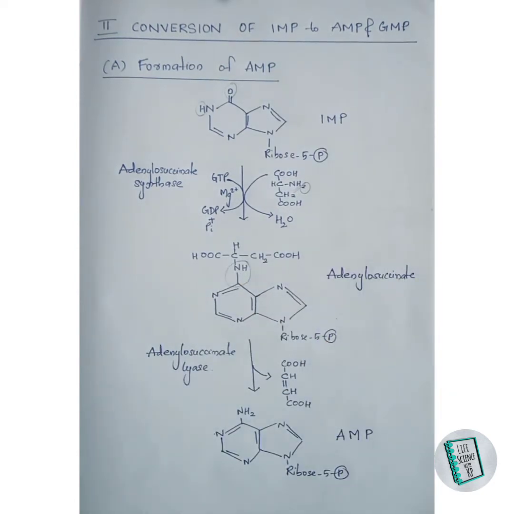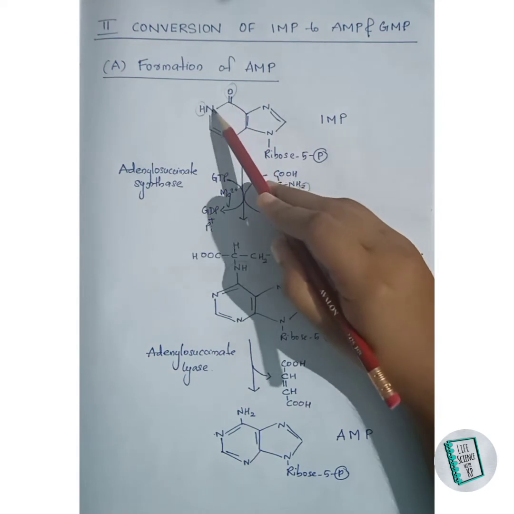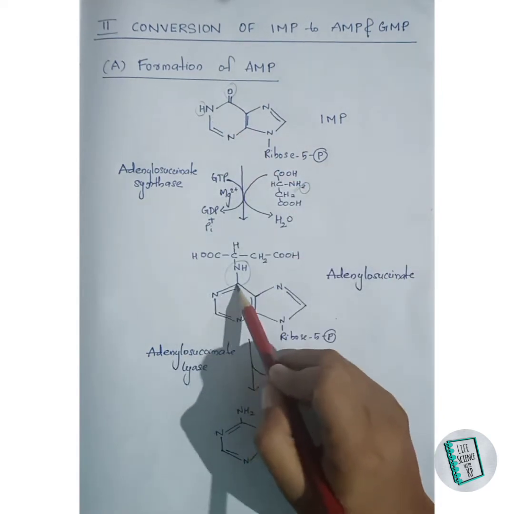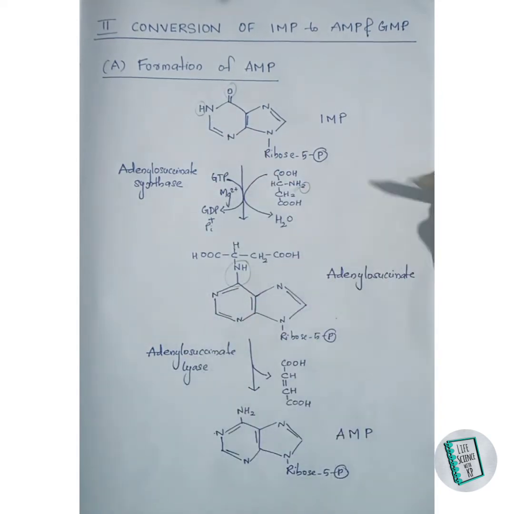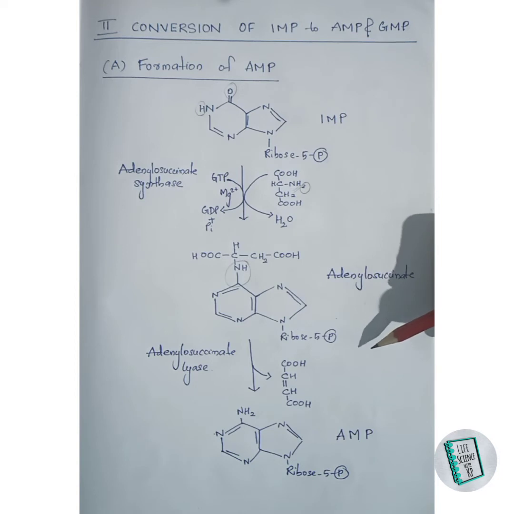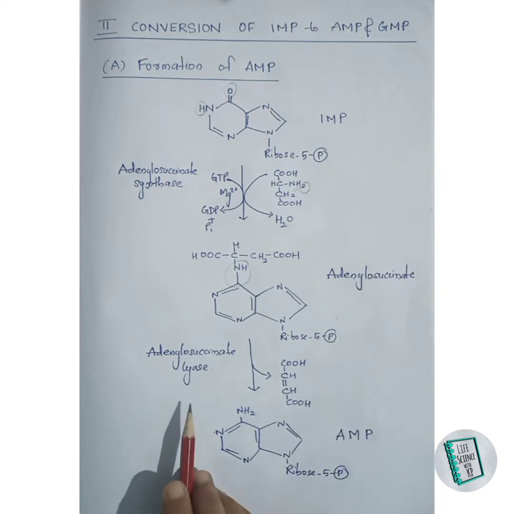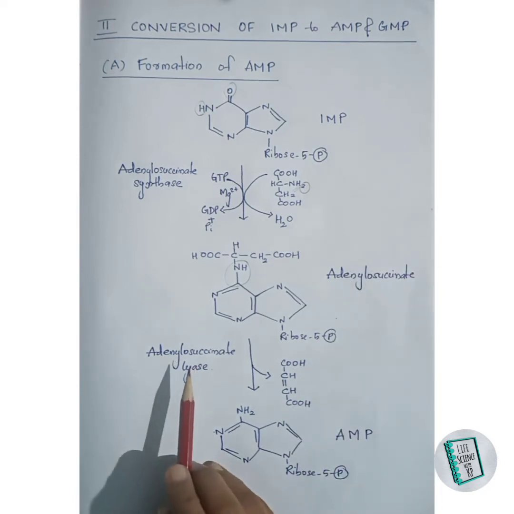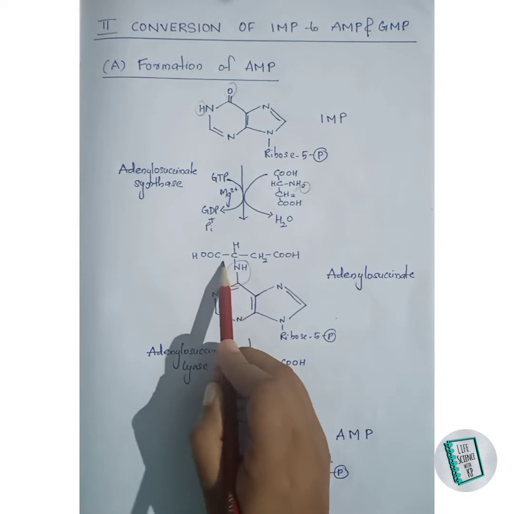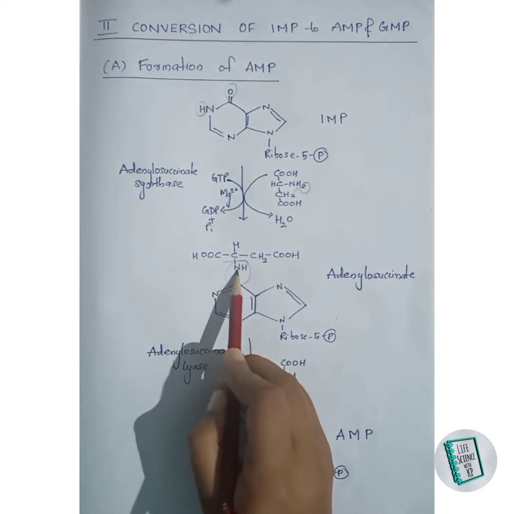In order to maintain valency between this carbon and this nitrogen, a double bond will be formed in between. This adenylosuccinate is formed. This adenylosuccinate, then in presence of adenylosuccinate lyase, forms AMP. So here fumarate releases, that is, this lyase enzyme cleaves the bond between this carbon and this nitrogen here.